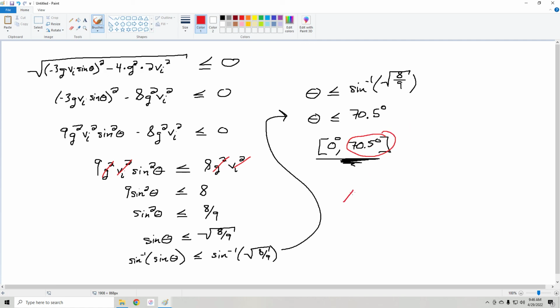That's it. So max angle is 70.5 degrees. And that is the maximum angle at which you could throw this object from point P such that the distance from point P to the projectile will always be increasing.